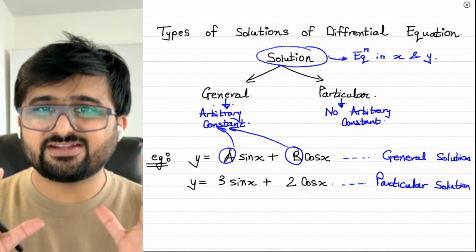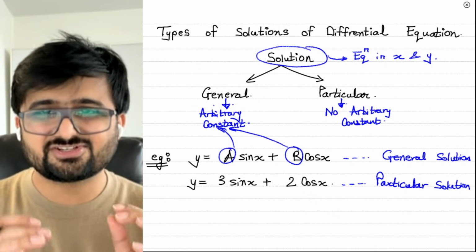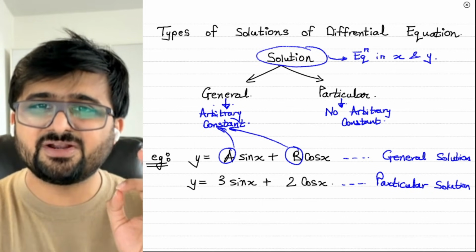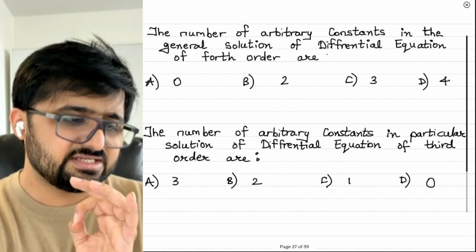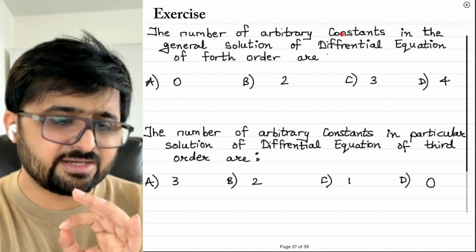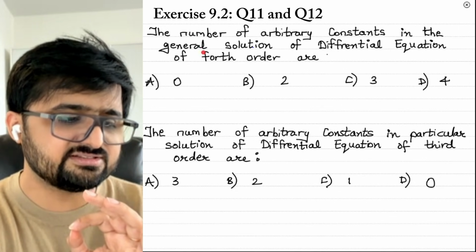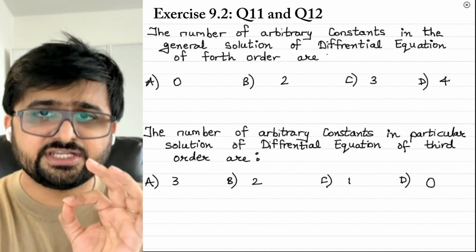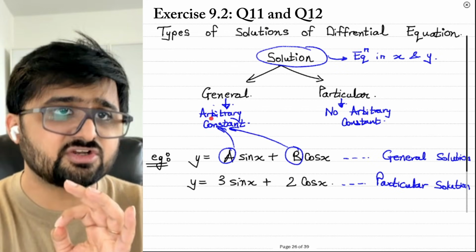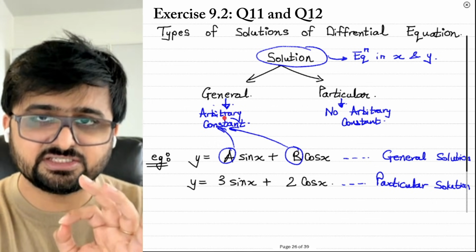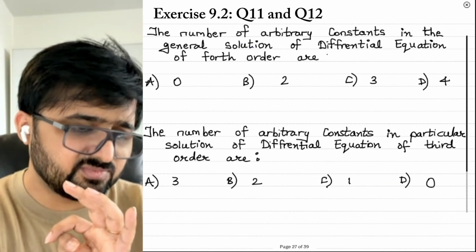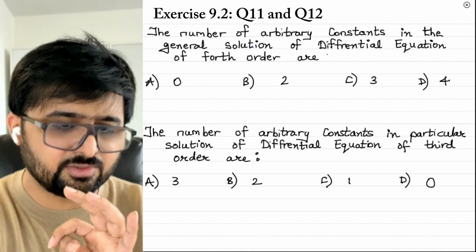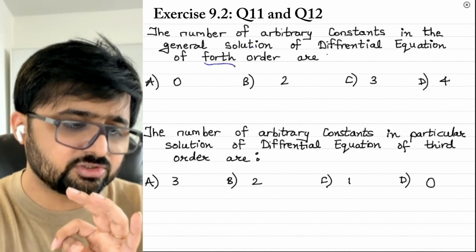All right, now that we understand the difference between a general solution and a particular solution of a differential equation, let's look at a couple of multiple choice questions. The first example says the number of arbitrary constants in the general solution. Remember, whenever you see the words general solution, there are always arbitrary constants present. They say the number of arbitrary constants in the general solution of a differential equation of the fourth order.